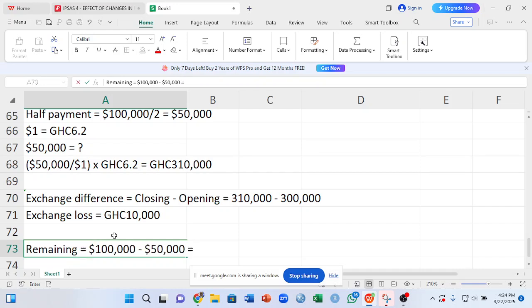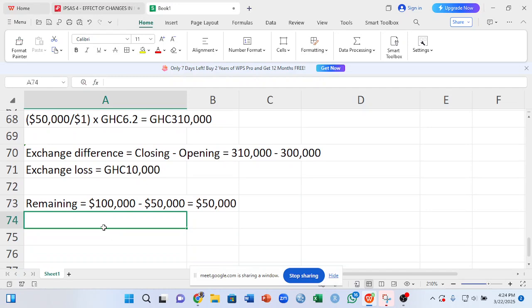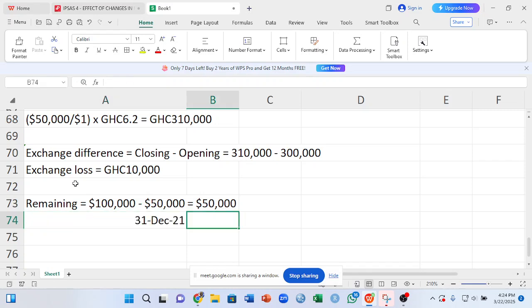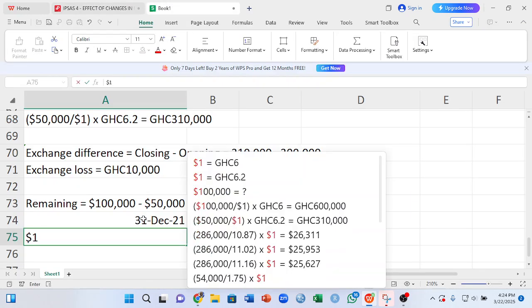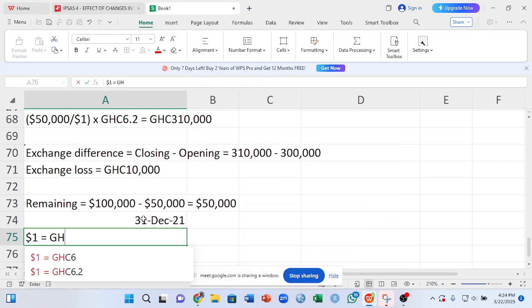So the remaining amount here is 50,000. We are going to translate this one at the date 31st December. So let me bring the date 31st December 2021. The rate over there was $1 to 6.5 dollars.